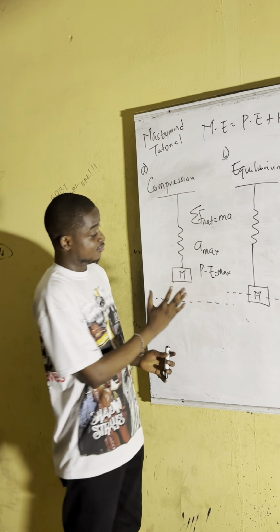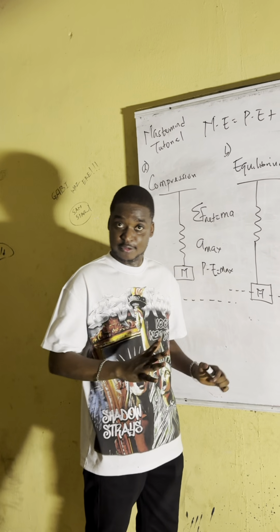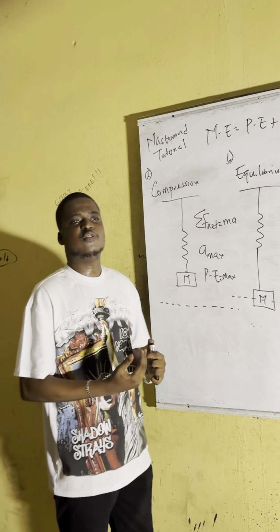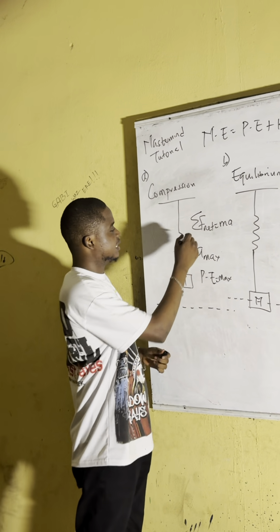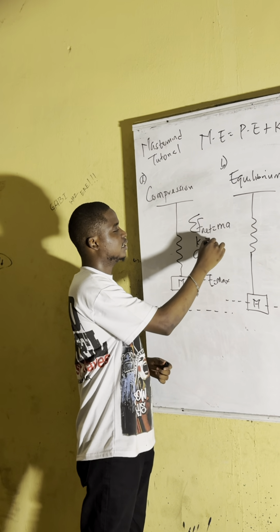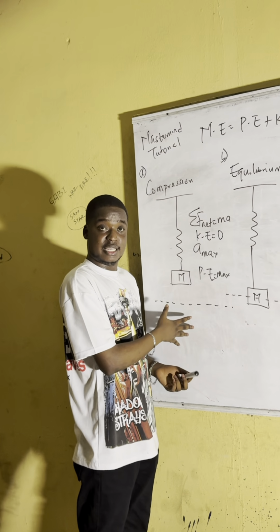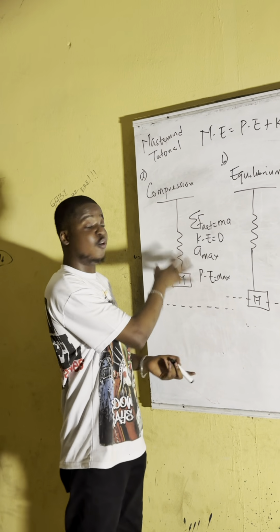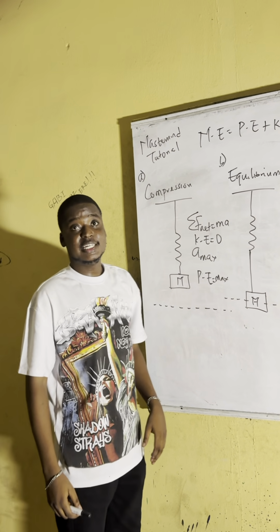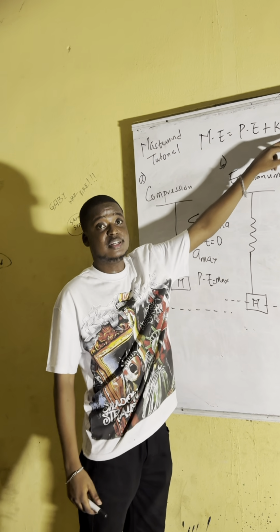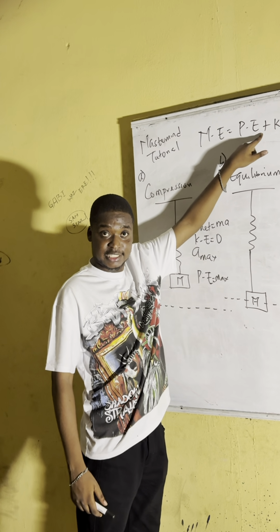Now, since the mass is at rest in your hand and it's not moving, it means that the kinetic energy is zero, because kinetic energy is the energy of an object due to motion. And since kinetic energy is zero, it means that the mechanical energy of this system, which is potential energy plus kinetic energy, is just equal to potential energy.